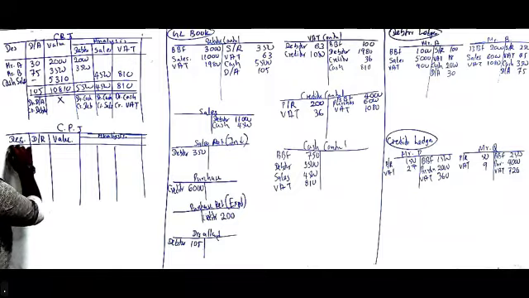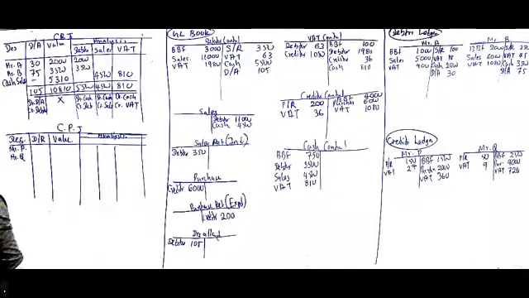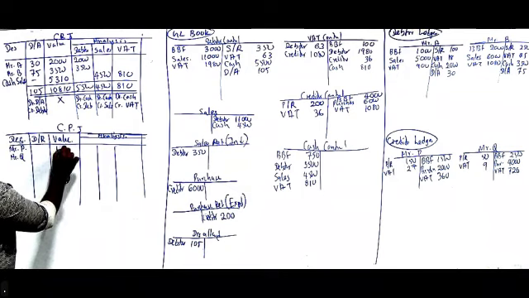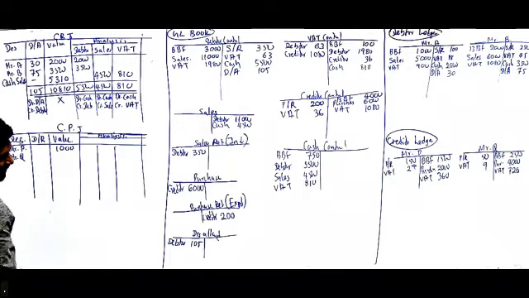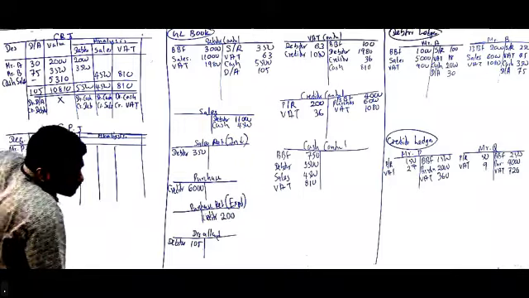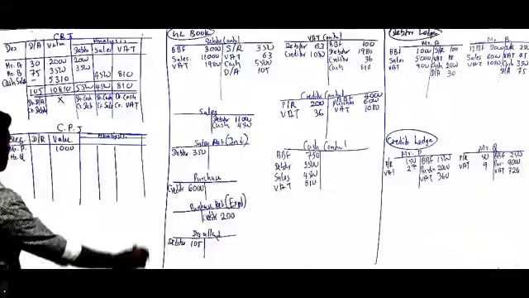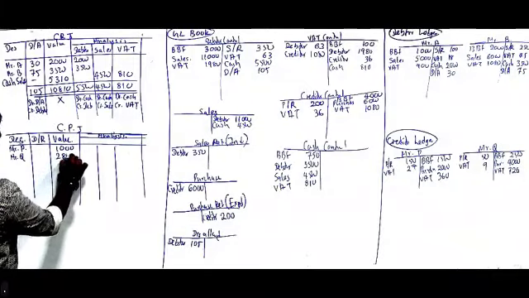So we have cash payment for Mr. P and Mr. Q. For Mr. P, we have paid 1000. Mr. Q, 2800. Put it to silent.